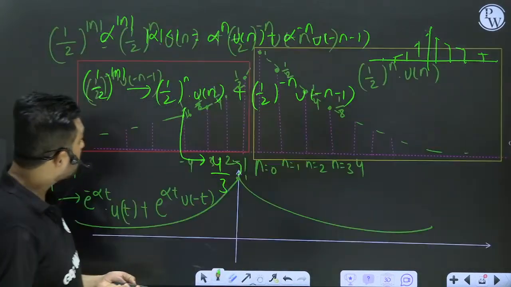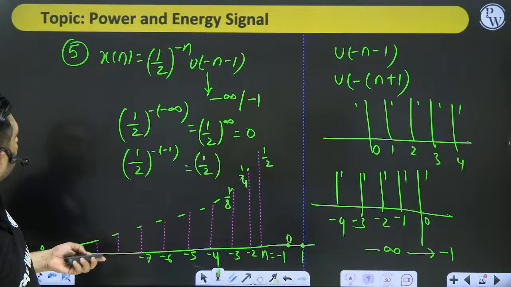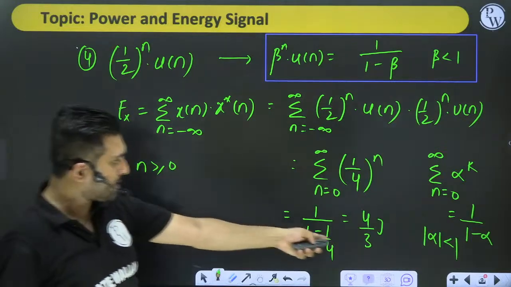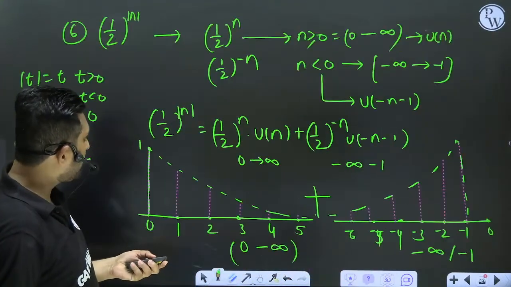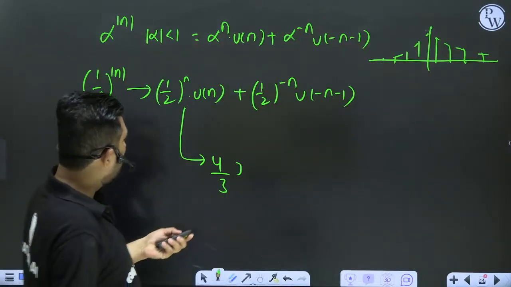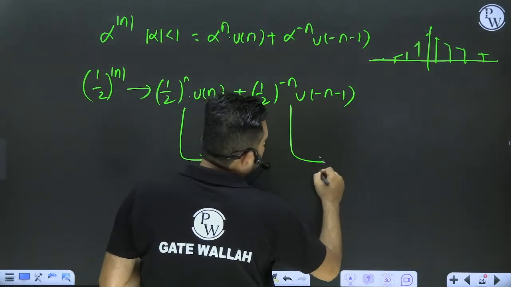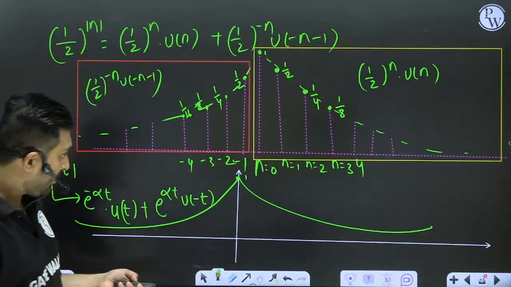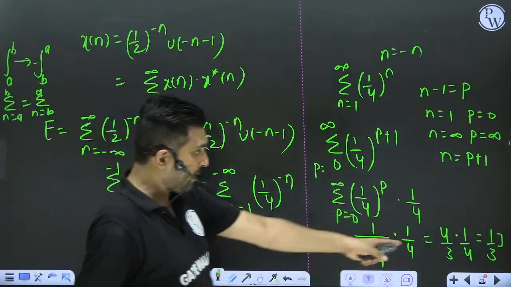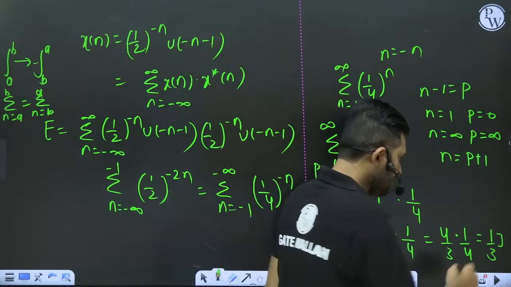Just check it. See here, 4 by 3 joules. And another one, energy is 1 by 3 joule. You remember? See here, 1 by 3 joule.